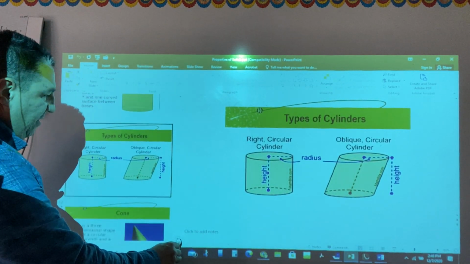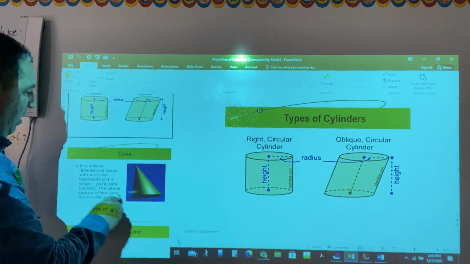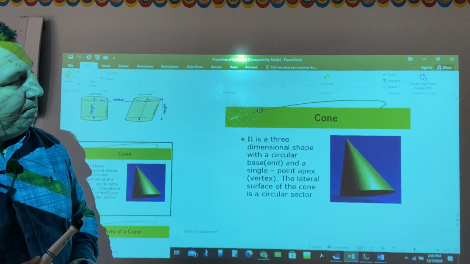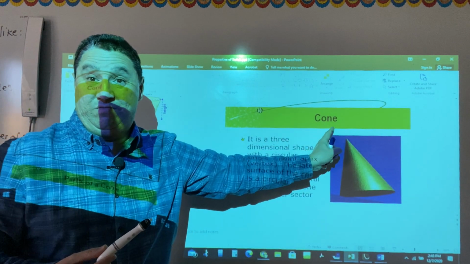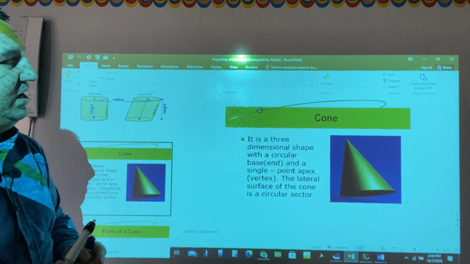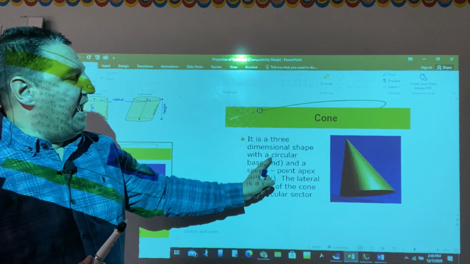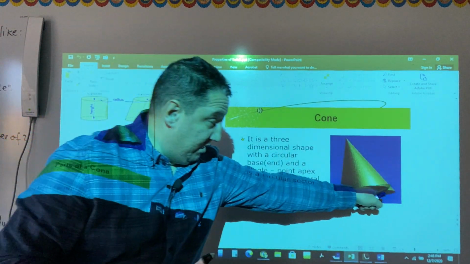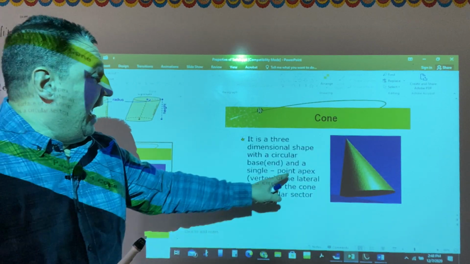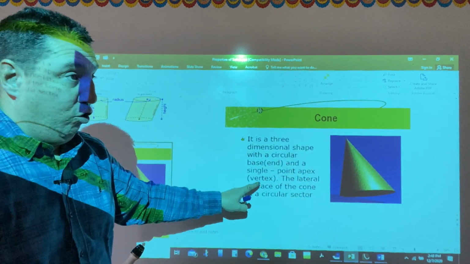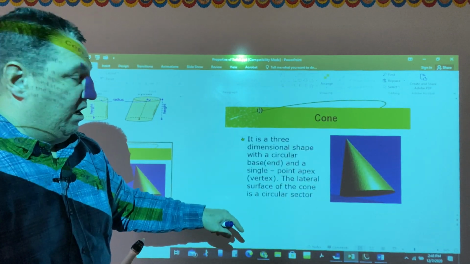Another type of 3D shape is a cone. A cone is a three-dimensional shape with a circular base and a single point apex called the vertex.